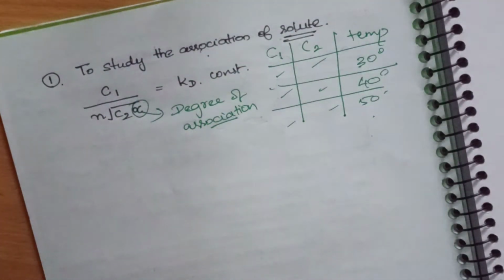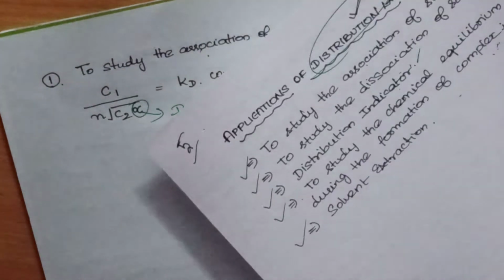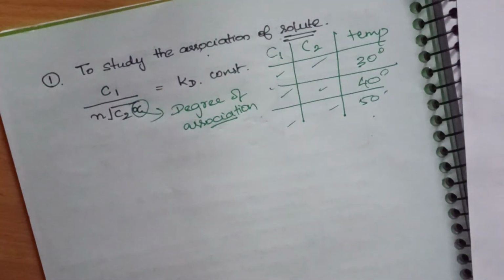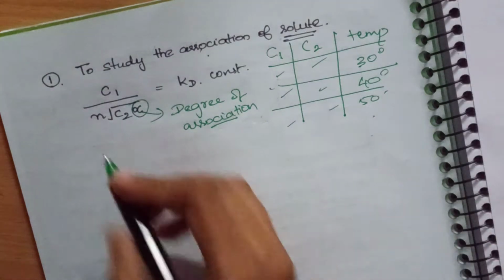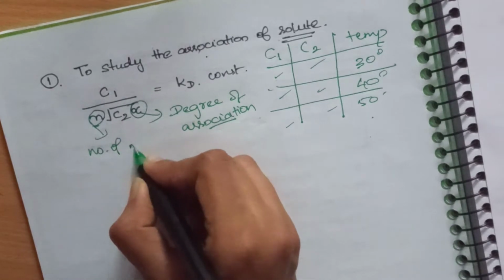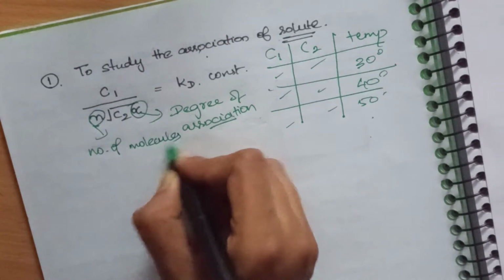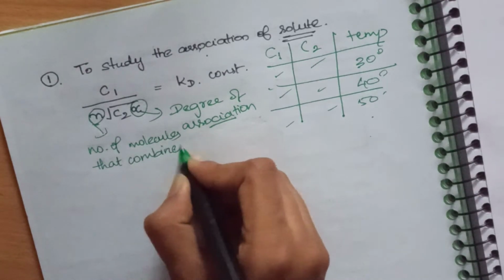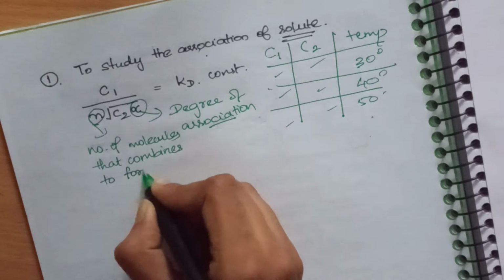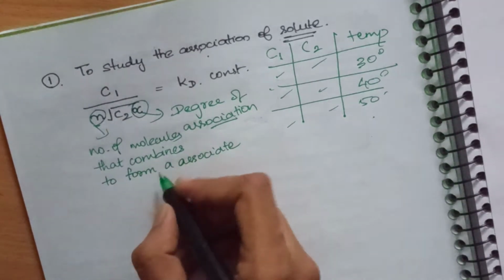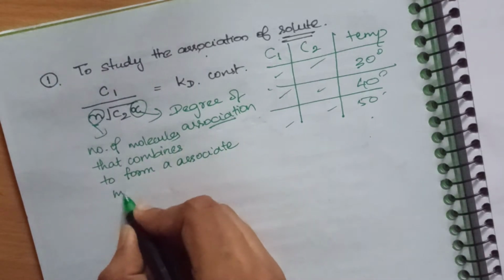That is the aim. So how to achieve that? We can use this distribution law. See, this N is the number of molecules that combines to form an associated molecule.